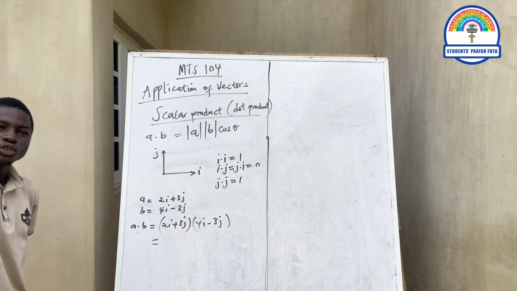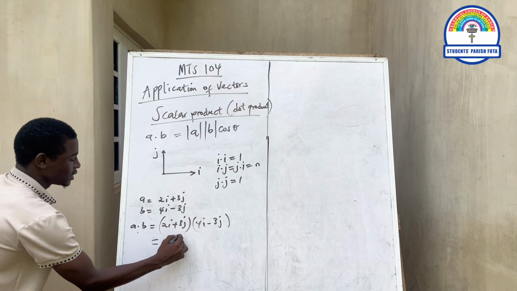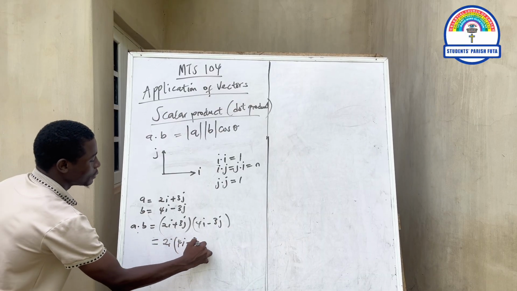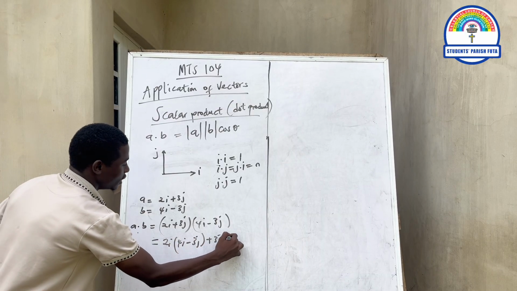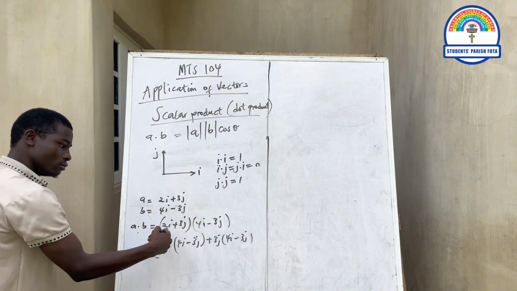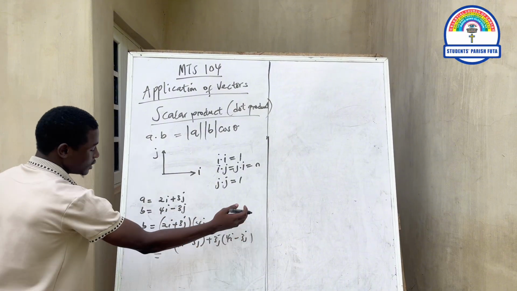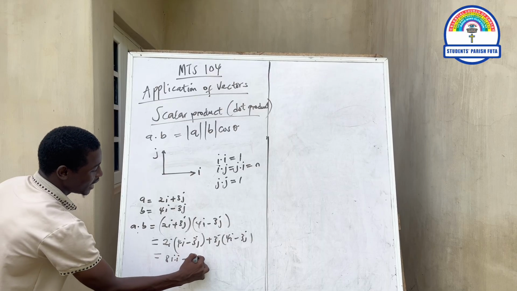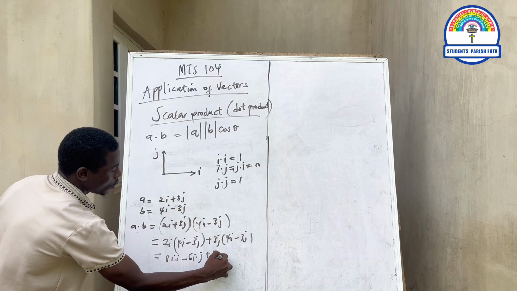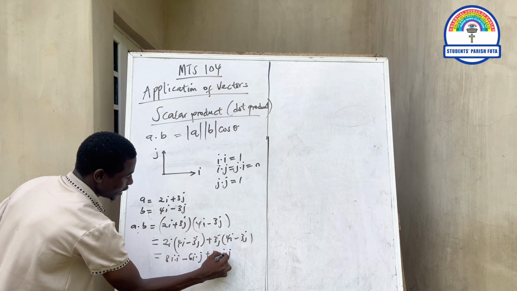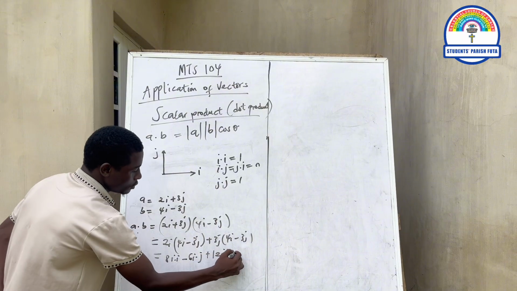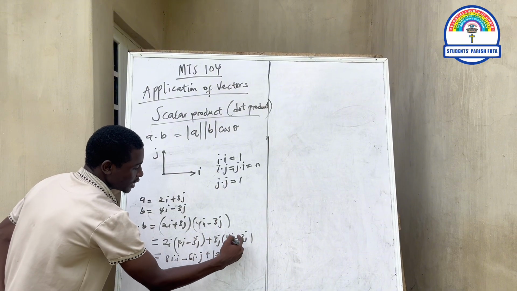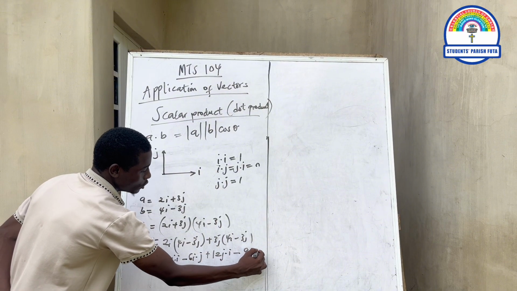So let's use the long method of multiplication first, then I show you how to multiply this in a very short way. Using the normal method, 2 times 4, 8i dot i, minus 6i dot j, plus 12j dot i, minus 3 times 3, 9j dot j.